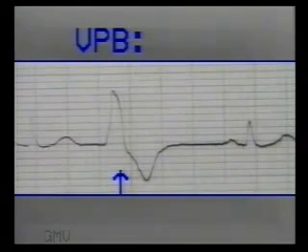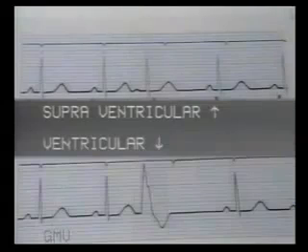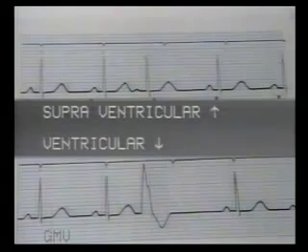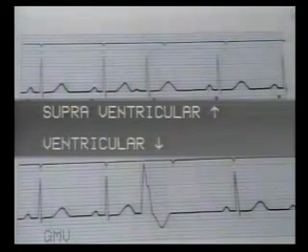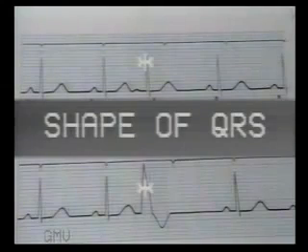Once again, note the features of a ventricular premature beat. The QRS complex is wide and bizarre, and the T wave is opposite in direction to the main QRS complex. So let us now study the differences between ventricular and supraventricular or atrial premature beats. Number 1.